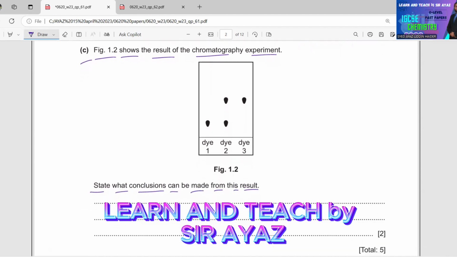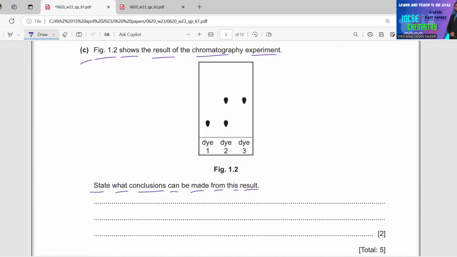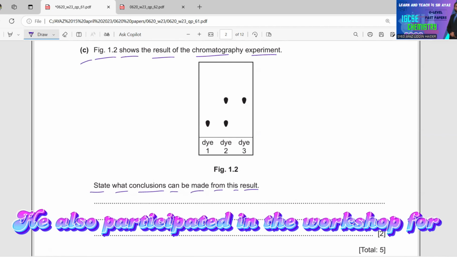If you look at this result, straight away, you can write the statement: these all dyes are soluble. This can be one of the conclusions you can draw. And if you look at dye 1 and dye 3, they only contain one color, which means they are pure substances.